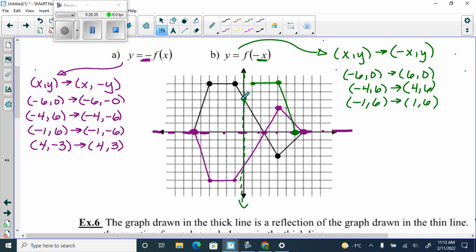And then 4 and negative 3 is going to become negative 4 and negative 3.